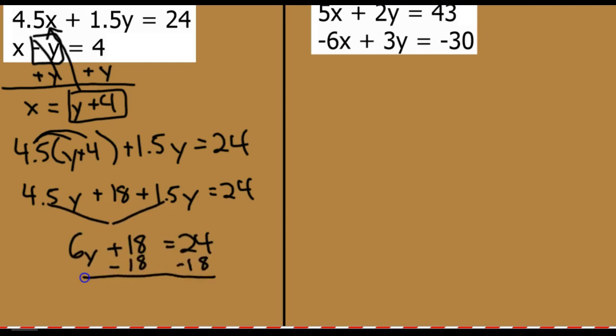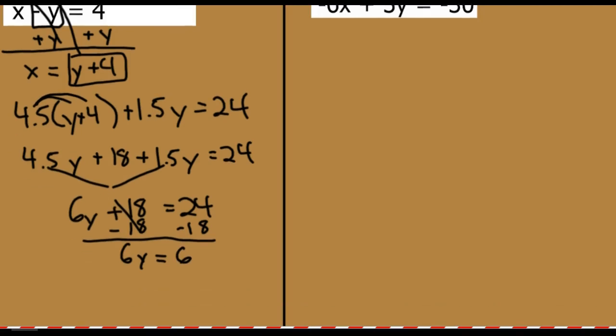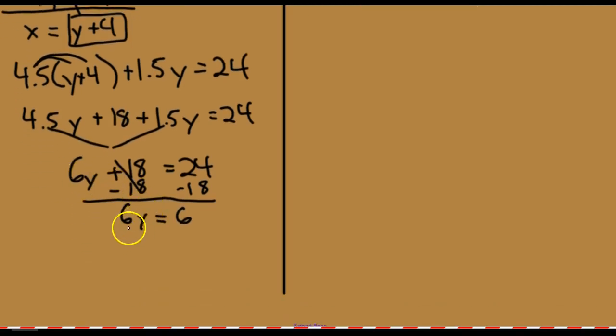Subtract the 18, and we get 6y equals 6. The 6 and the y are touching, so divide by 6, and y equals 1.